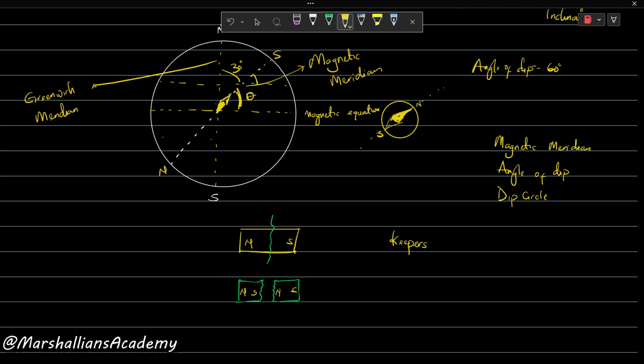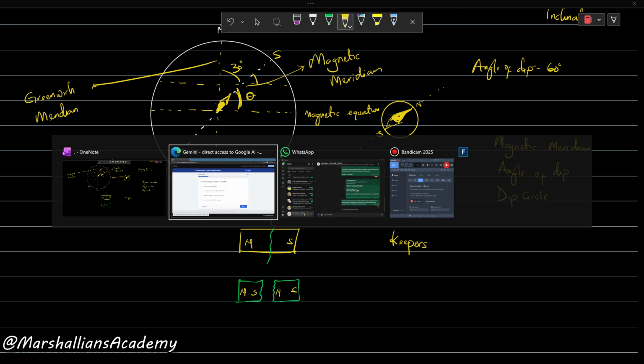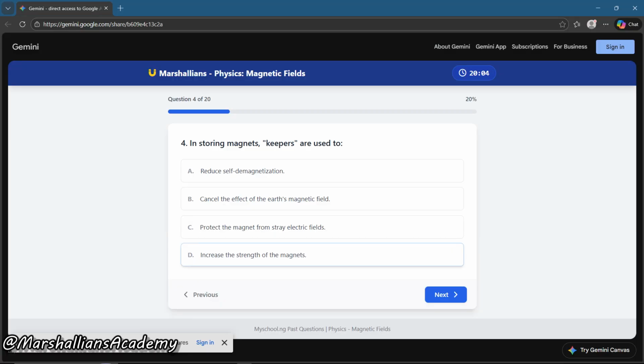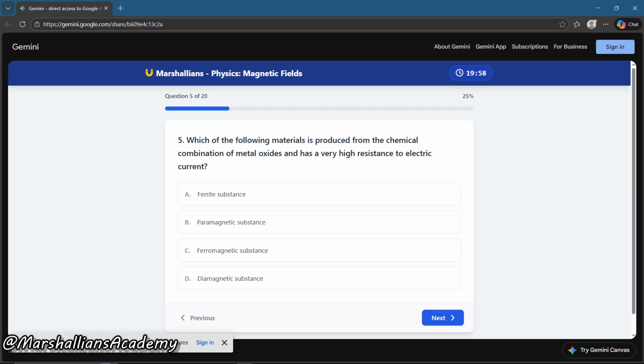Basically, keepers are ferromagnetic materials like soft iron that we use to prevent demagnetization, majorly self-demagnetization. It means a magnet is demagnetizing itself, or losing its magnetic capacity on its own. So the entire point of keepers is to reduce self-demagnetization.